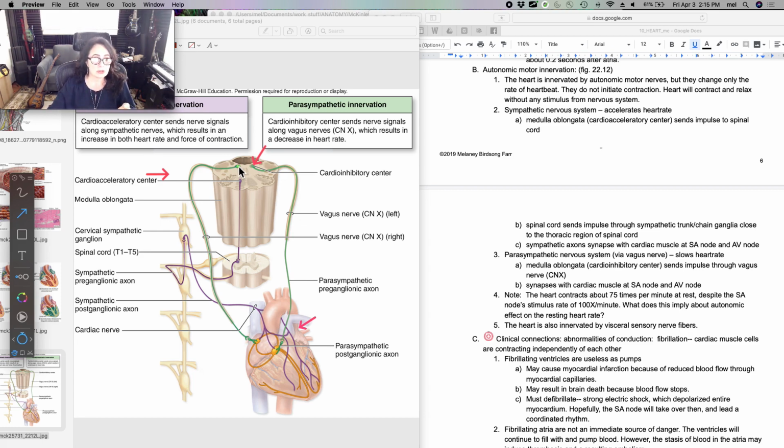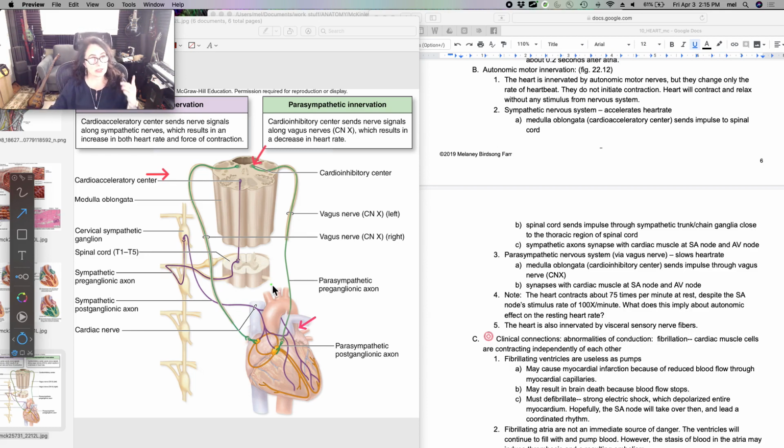If it does that, it's going to send the stimulus down to the thoracic region of the spinal cord. Then the stimulus is going to go out to the sympathetic chain ganglia, right? And then it's going to go to the cardiac muscle effector organ. And then it will increase your heart rate because there's a tiger, okay?